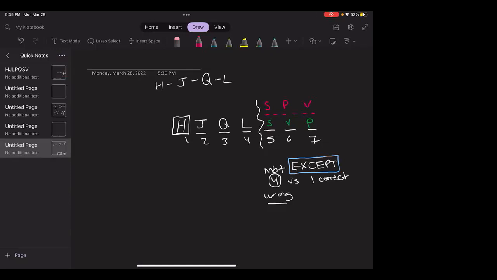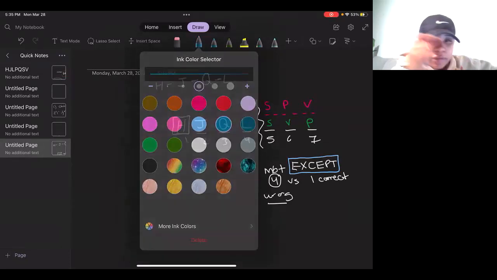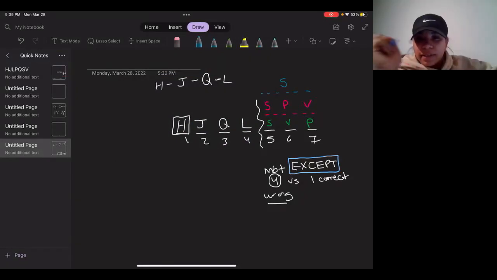Now, could I have S in 6 and everything still be okay, based off of the rules? Yes. So let's try it. If I have S in 6, where would you like to put V and P then? Either 5 or 7. V in 5, P in 7.